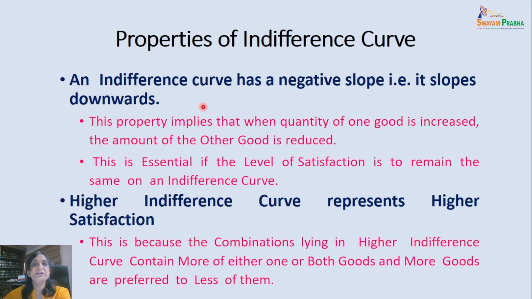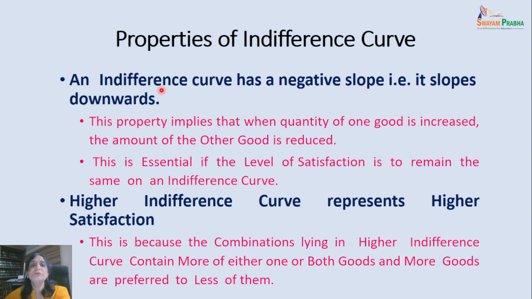We have said that indifference curves are negatively sloping, meaning in order to have more of one good, let us say x, you have to reduce the other good y if you have to maintain the same level of satisfaction. If you say no, give me more of x but don't reduce my y, you are moving to a higher level of satisfaction because you are having more of at least one good x keeping the amount of y constant.